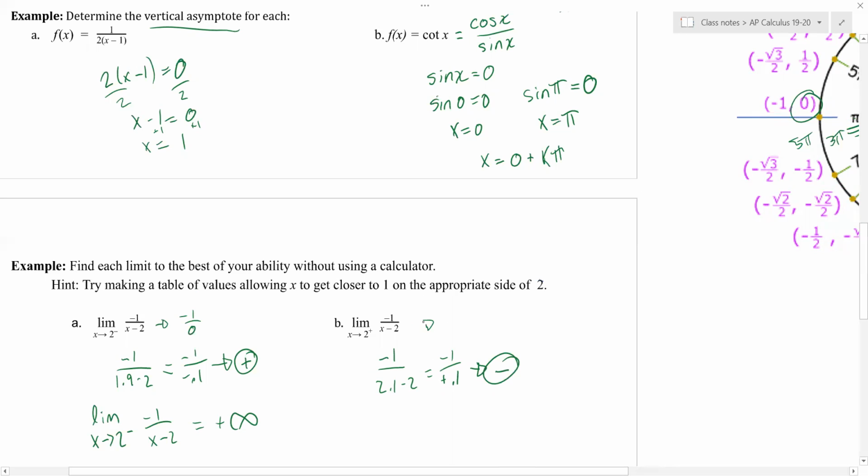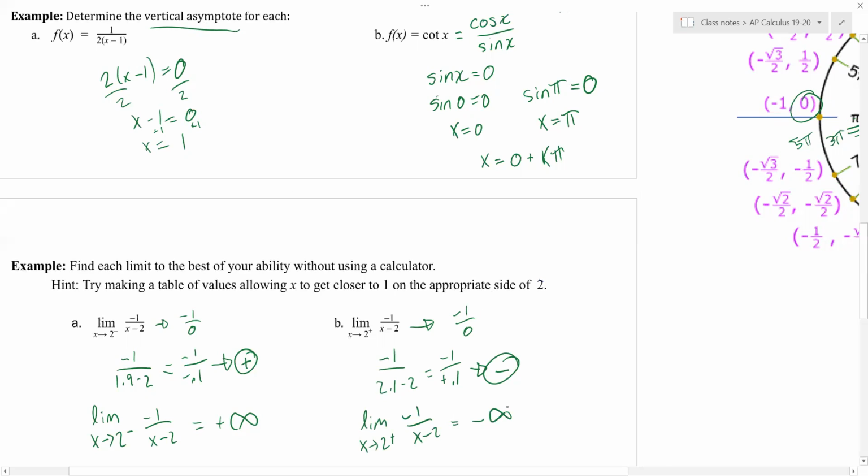And remember, this was approaching -1 over 0. So if we have a negative number here, this will be negative infinity. The limit as x approaches 2 from the right of our function, -1 over x minus 2, is negative infinity.